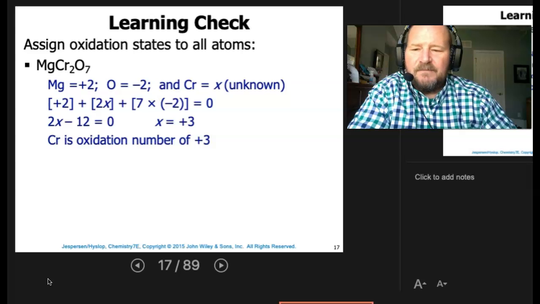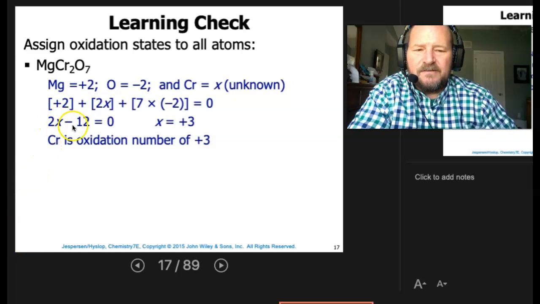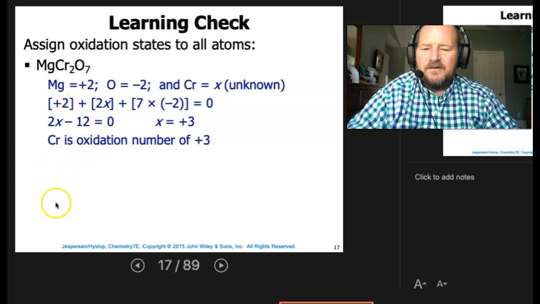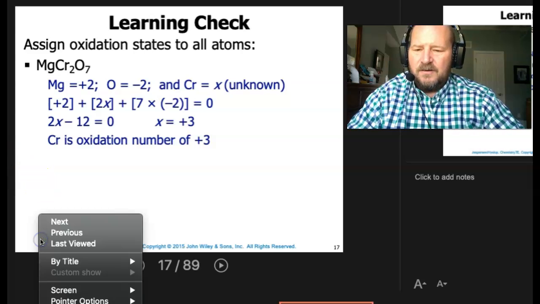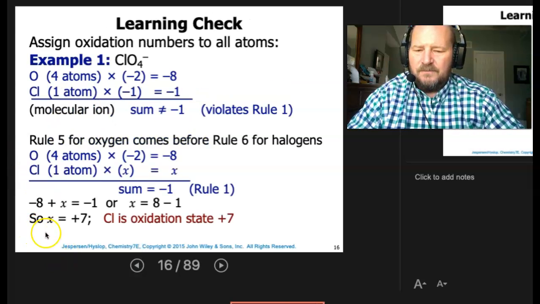That's not mathematically making sense, is it? Because that would be 3 times 2 is 6. 6 minus 12 is not 0. Where did they make their mistake? So we have 14. 14 plus 2. That's where the 12 came from.